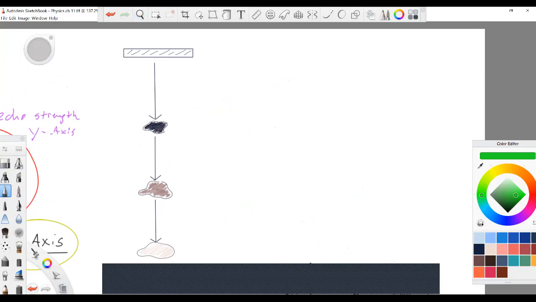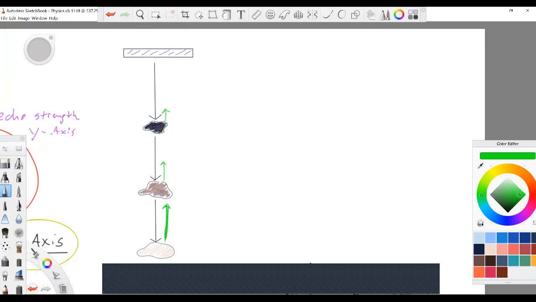So I guess we'll just produce some echoes. This first structure is hypoechoic, produces a weak echo. The next one is a little bit stronger, so this will produce a little bit stronger echo. And the last one is the brightest, so that's going to produce the strongest echo.